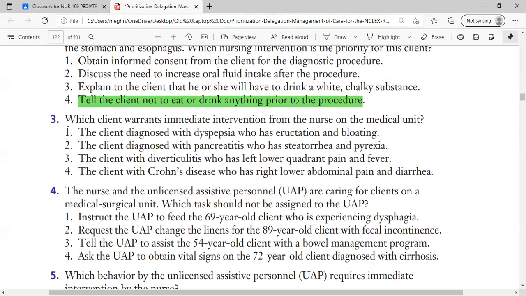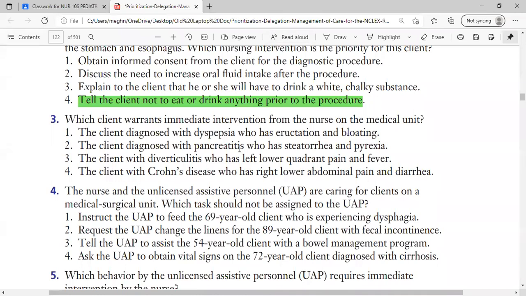Right? So first of all, number 1 is not the prioritization answer, because the nurse would expect the client with dyspepsia to have bloating. It is a very natural or expected sign, right?